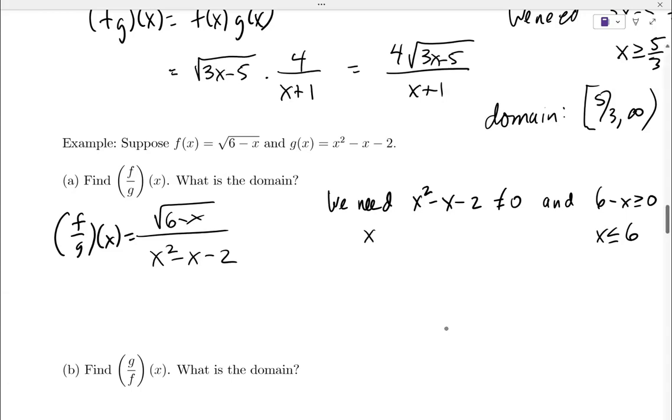What if we were looking at the equation x squared minus x minus 2 equals 0? What would you need to do on the left-hand side? Factor it. How does that factor? x minus 2, x plus 1. Okay.